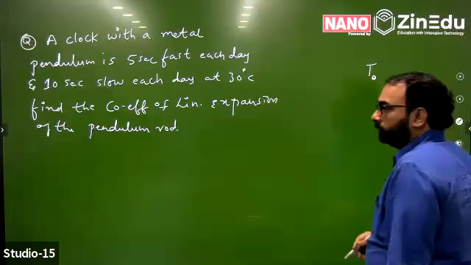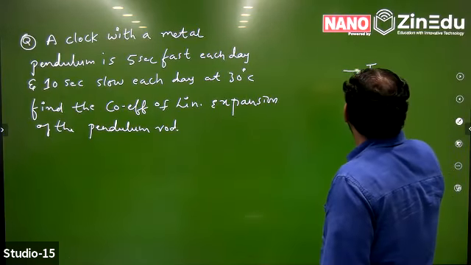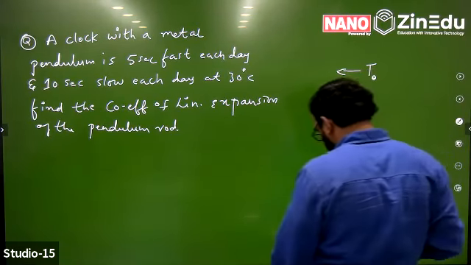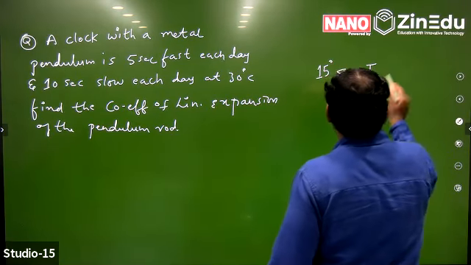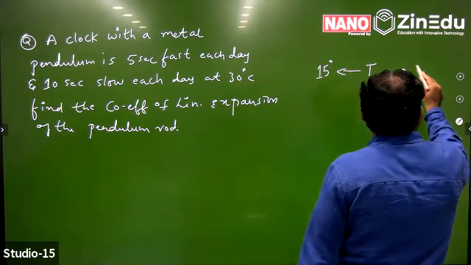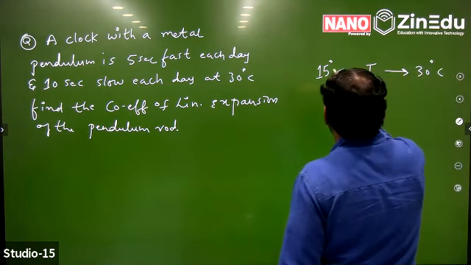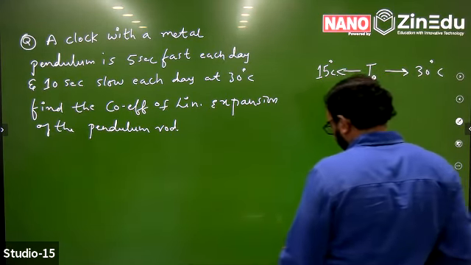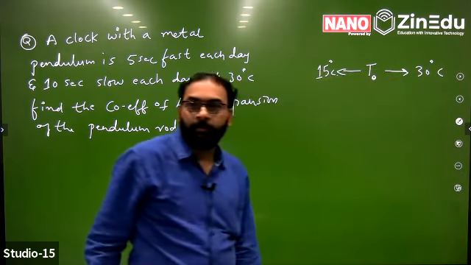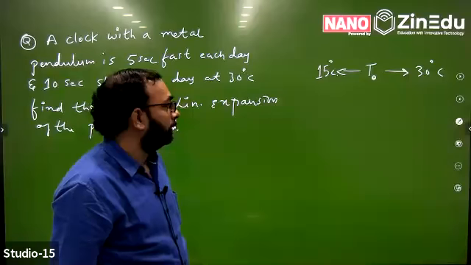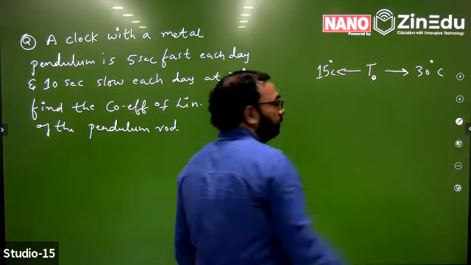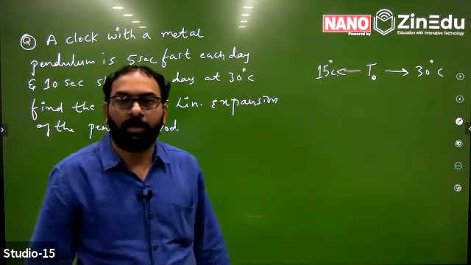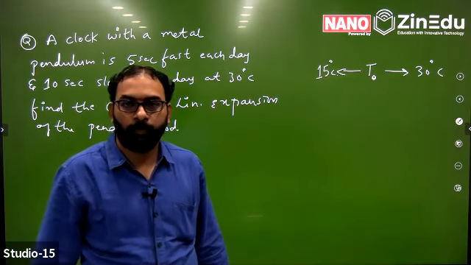And suppose at 15 degrees and at 30 degrees Celsius, there is a temperature interval of 30 degrees Celsius between which it can run fast and it can run slow.